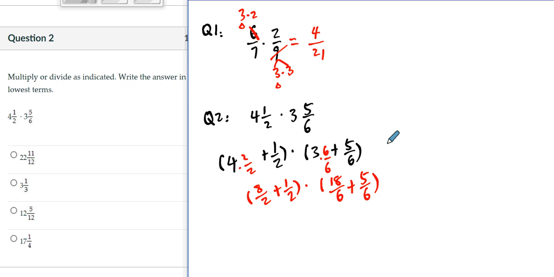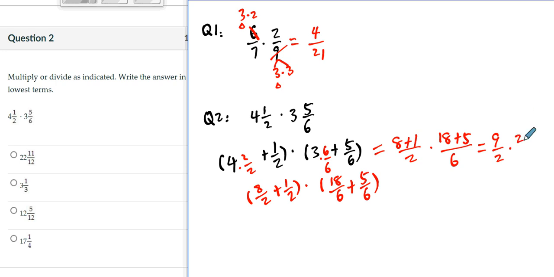So that's 4 plus 1 over 2 for the first one. Second one is 18 plus 5 over 6. Okay. So you then have a 9 upstairs. Downstairs is 2.